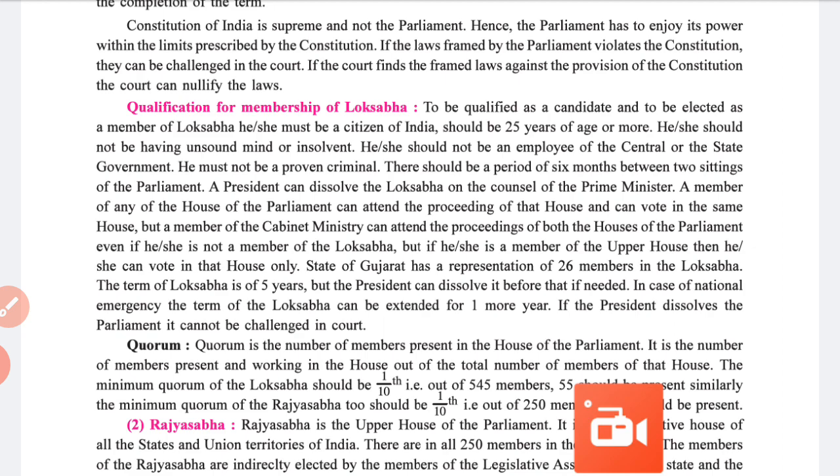A member of any House of Parliament can attend the proceedings of that House and vote in the same House, but a Cabinet Minister can attend the proceedings of both Houses, even if he or she is not a member of Lok Sabha.